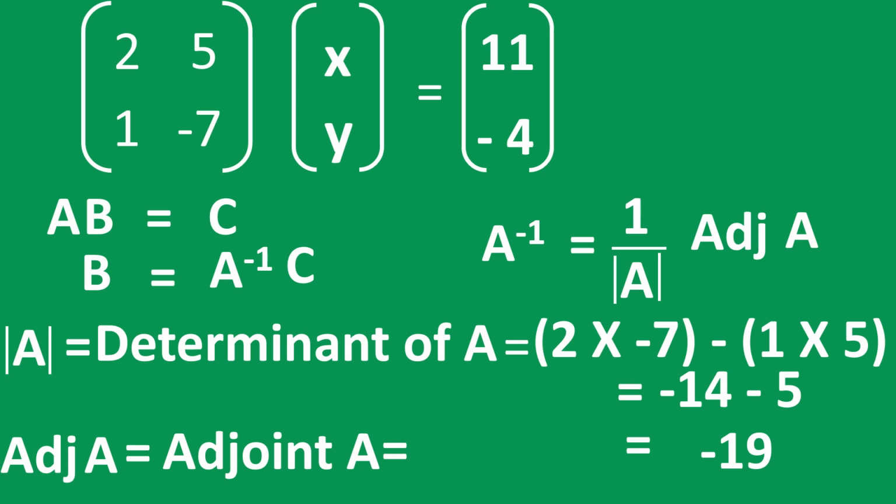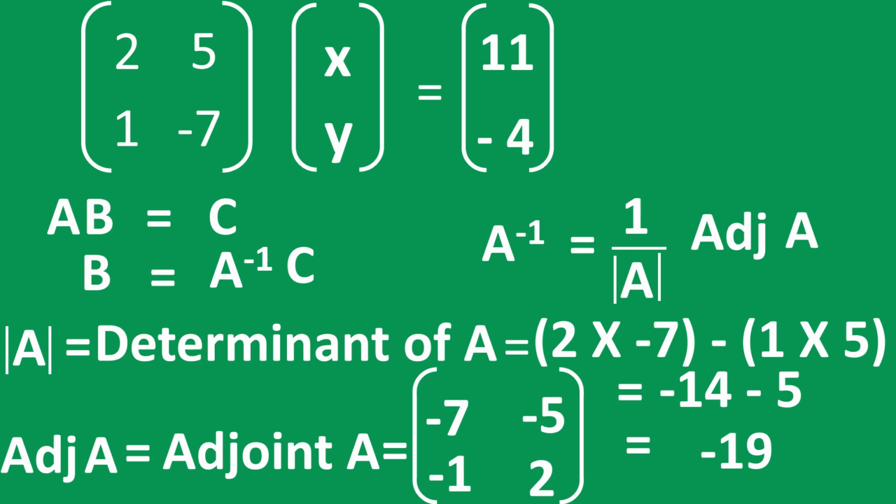Where you see 2, put your minus 7, and where you see minus 7, put 2. Then 1 and 5 will maintain their position, but they will change their sign. Their current value is positive. When we find the adjoint, they will now become negative. So that is the adjoint of A.